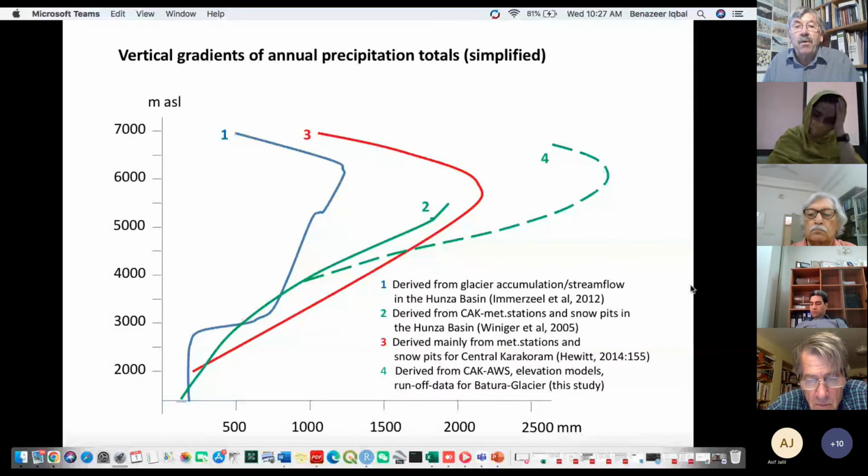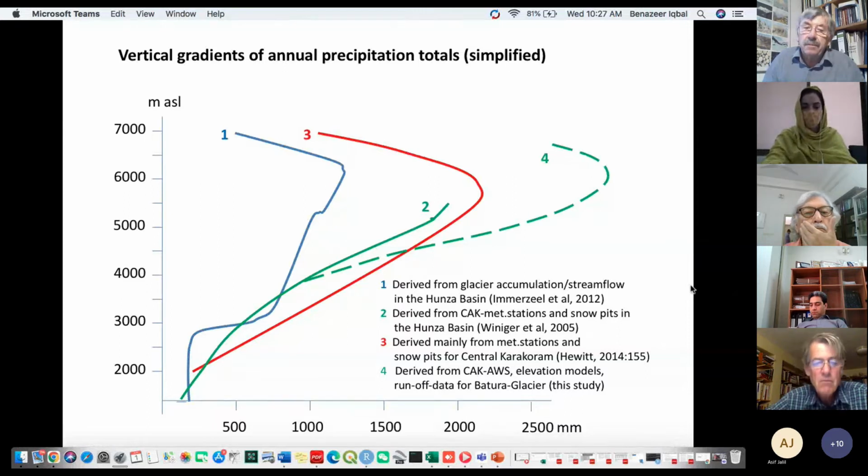And there are for a very close region, mainly in Hunza Basin, including Batura, 4 different results from models, remote sensing, but also ground truth. And you see they differ in an enormous way.